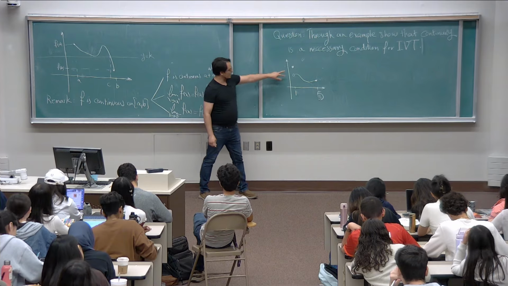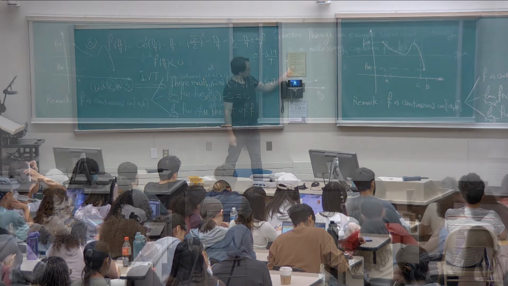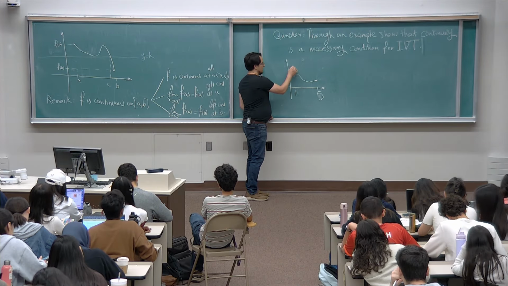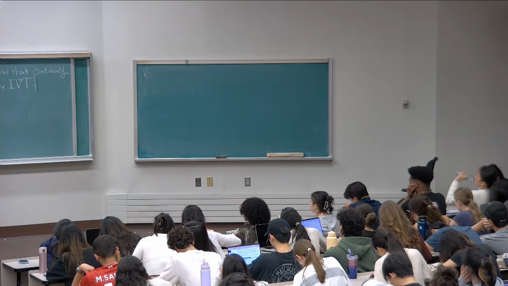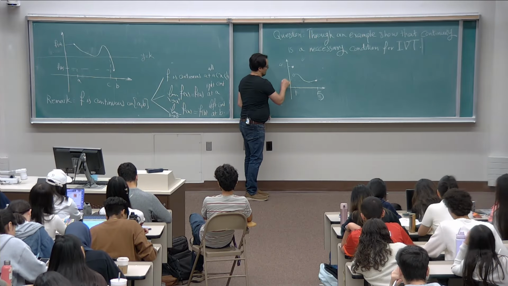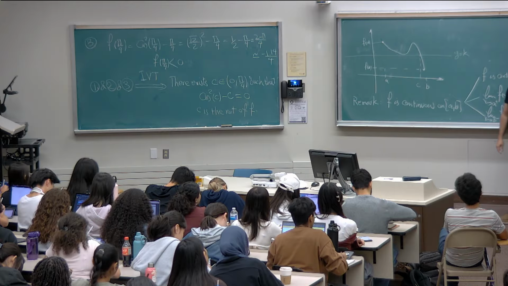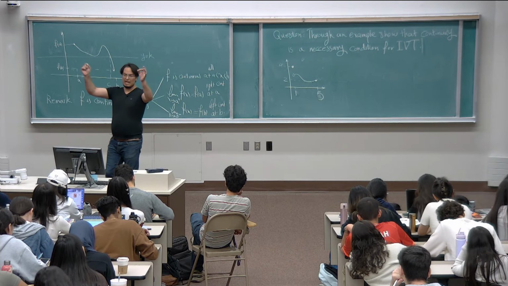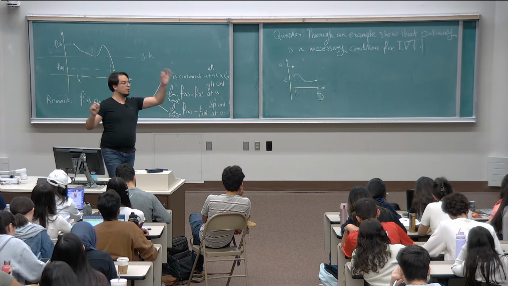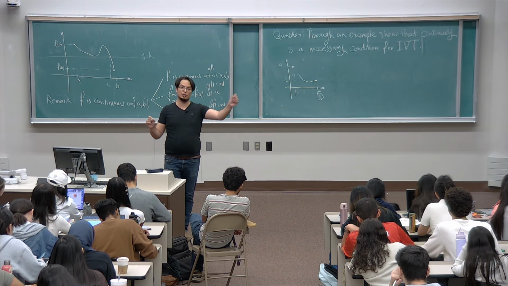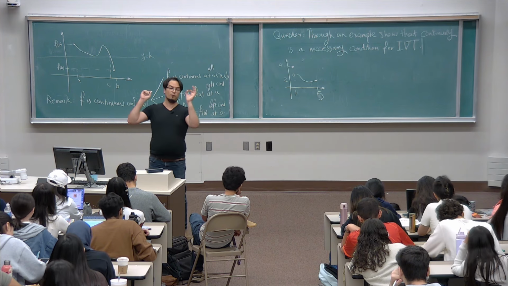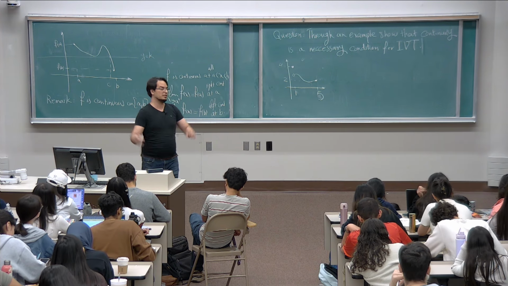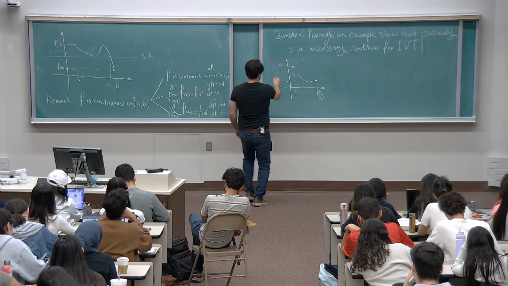And the function is this thing. Now, let's say this value is 4, and this value is 2. If you don't have the continuity, even in one of the endpoints, that's a good example in that regard.